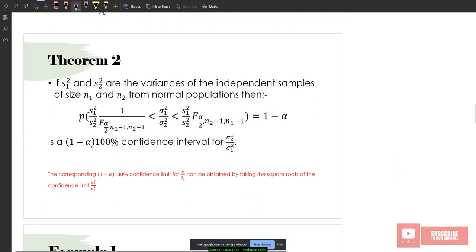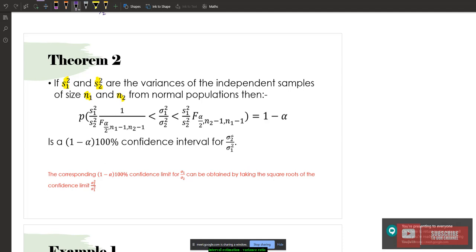Theorem number 2 says that if S1 squared and S2 squared are the variances of independent samples of size N1 and N2 from a normal population, then if you want to estimate sigma 1 squared over sigma 2 squared, I need to make a correction for this. This should be the same as our derived equation.